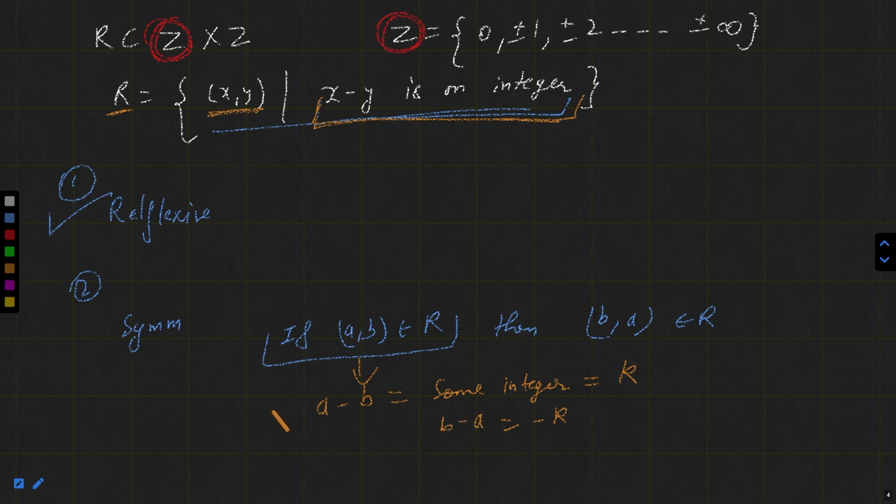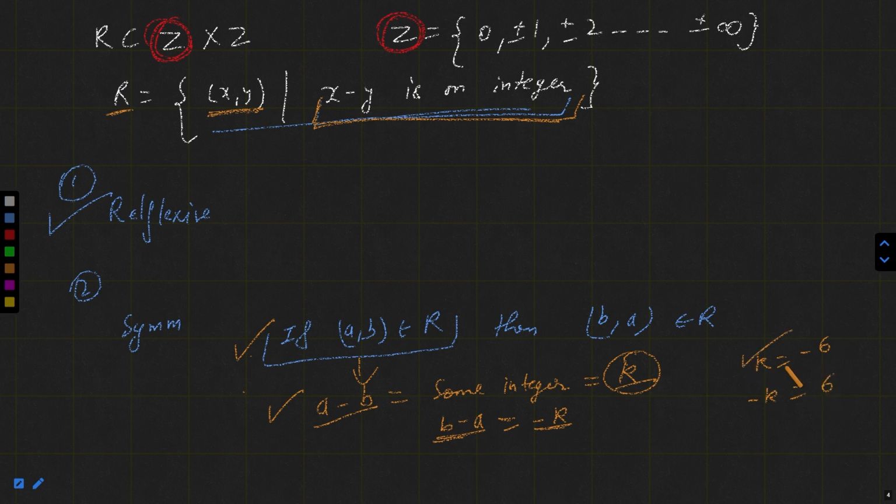After doing some manipulation, we get b minus a is equal to minus k. We know k is an integer, then minus k is also an integer of the opposite sign. If k is 3, then minus k will be minus 3. If k is minus 6, then minus k will be plus 6.